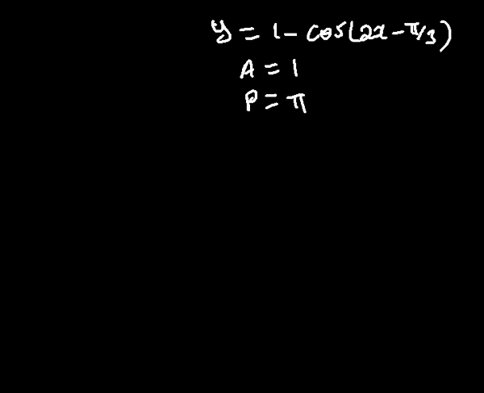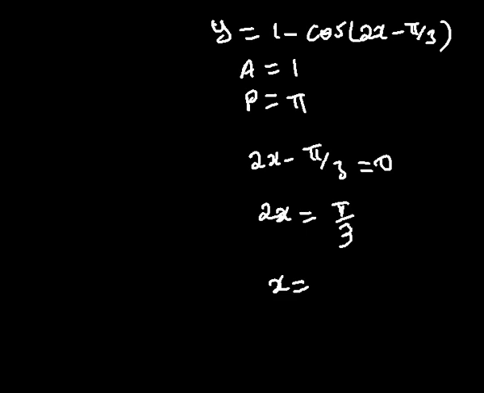And now we should have the phase shift. That is 2x minus pi over 3 is equal to 0. For this case we'll have 2x is equal to pi over 3. And now the value of x is given as, we should divide both sides by 2, or else let's think of multiplying everything by 3.